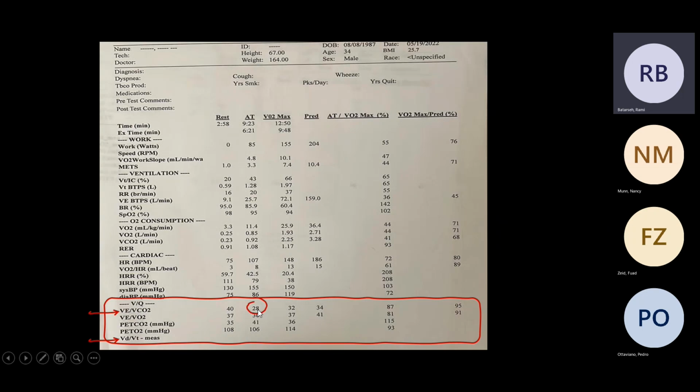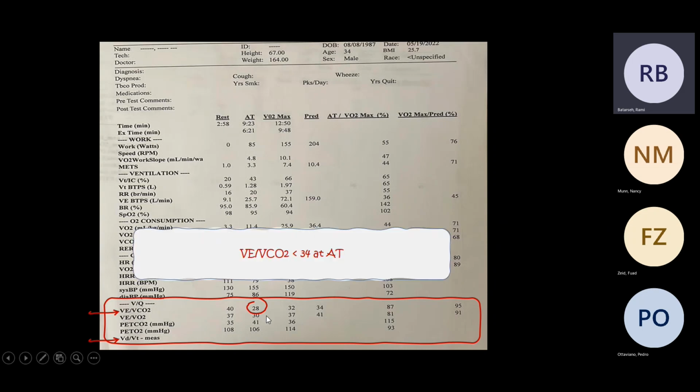When you look at it at the anaerobic threshold, there's a specific number that we look at. This should be less than 34. So VE/VCO2 at AT has to be less than 34. But stop, I don't want to just memorize things. If it's not less than 34, it is more than 34, then what does that mean?